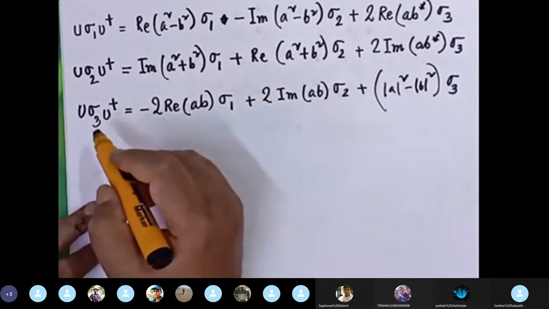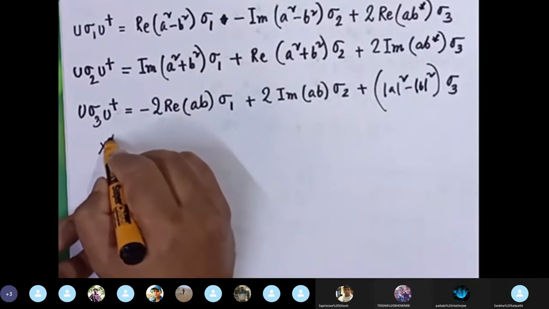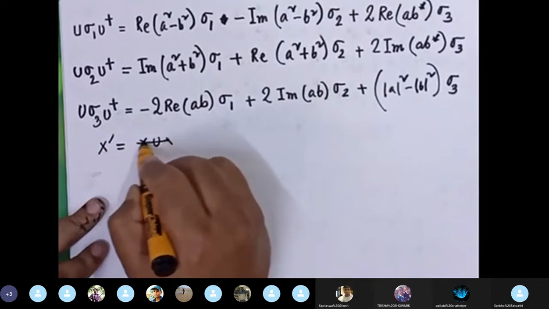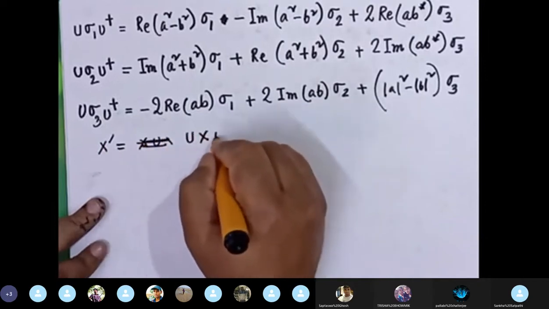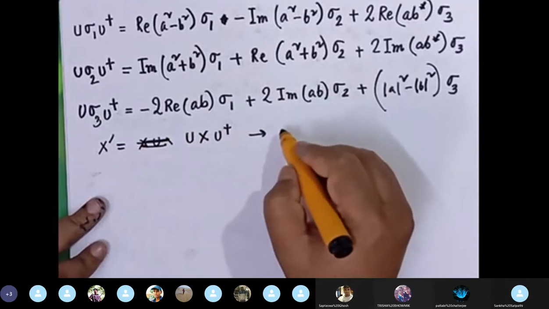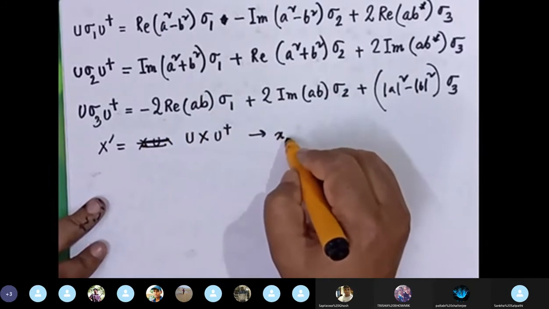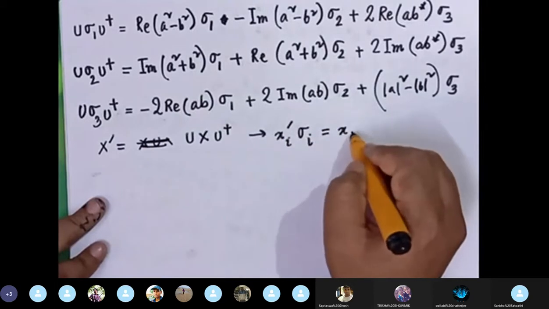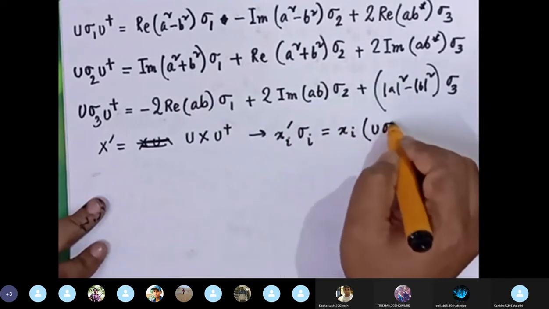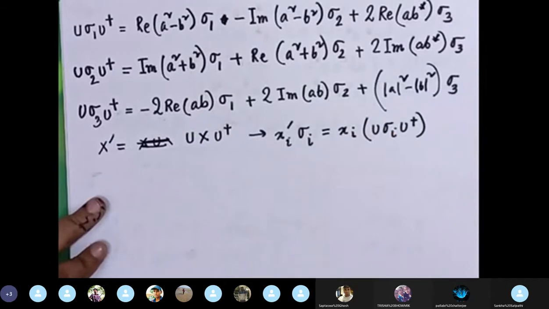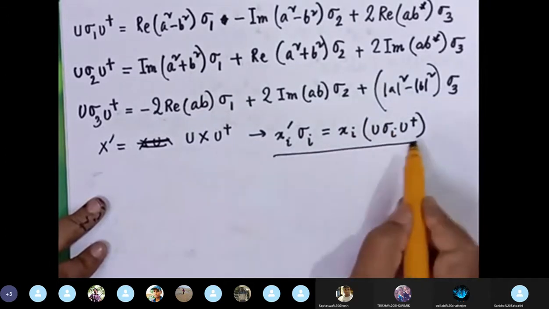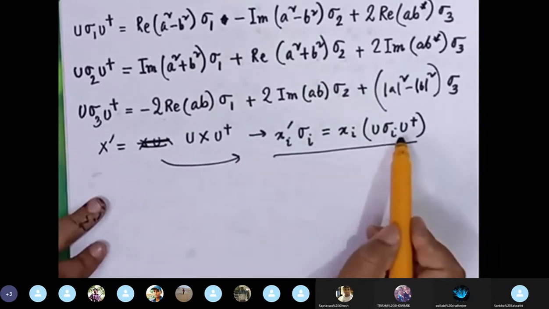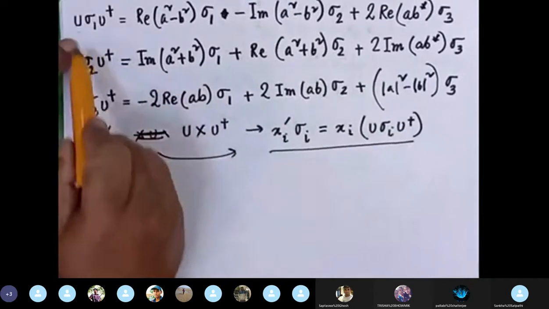Now, what is x prime? It is U x U dagger, which means x_i prime sigma_i is equal to, as I said, this x_i U sigma_i U dagger. This relation we got earlier. Now, in place of these three objects, for 1, 2, 3, you put these three.